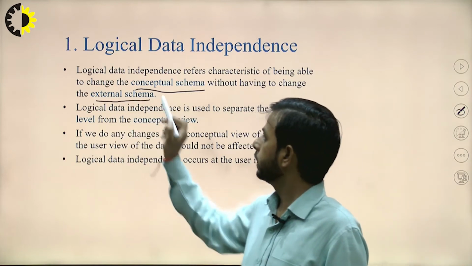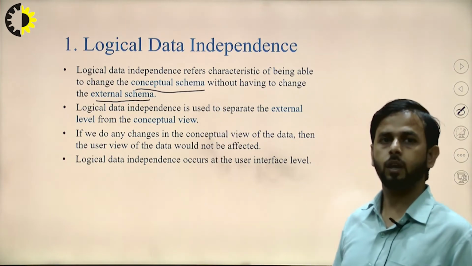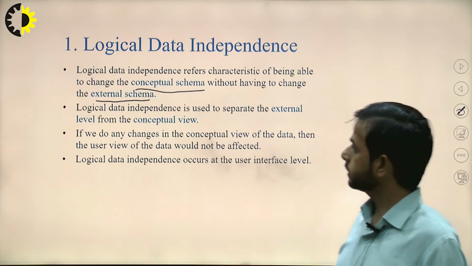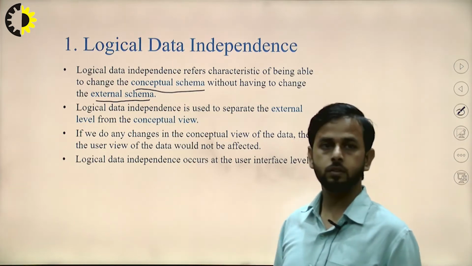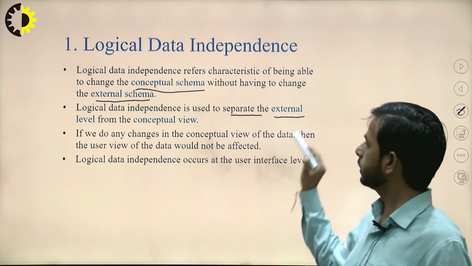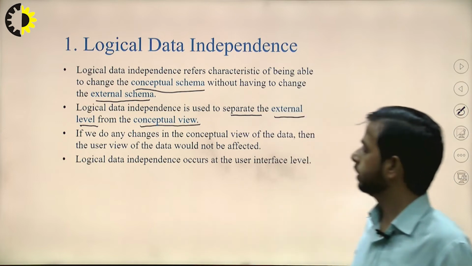Logical data independence is used to separate the external level from the conceptual level.